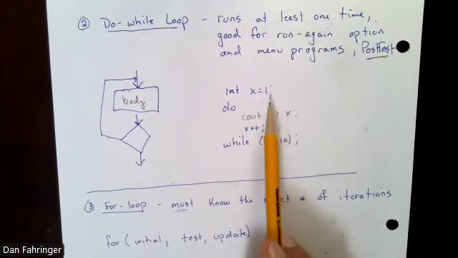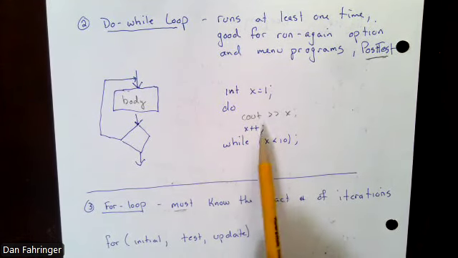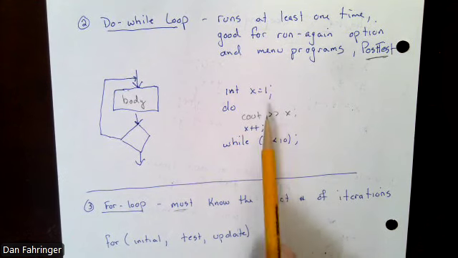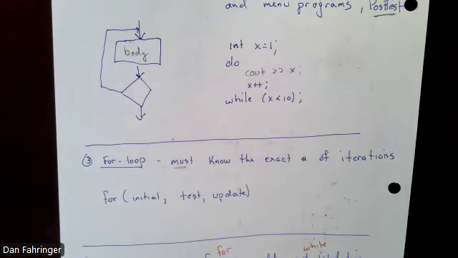Simple example: initial value, increment or update, and here's my check. My loop control variable is my X. And finally, the one you use most of the time, because we know exactly how many times we want to run the program, is the for loop.